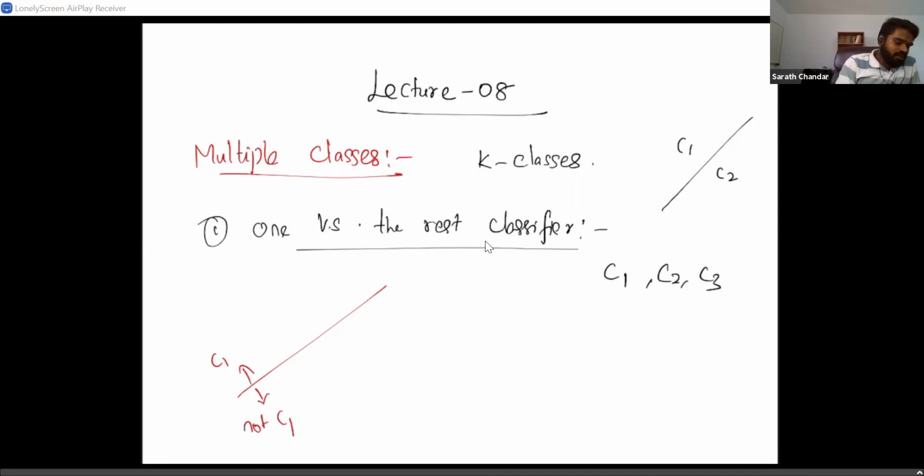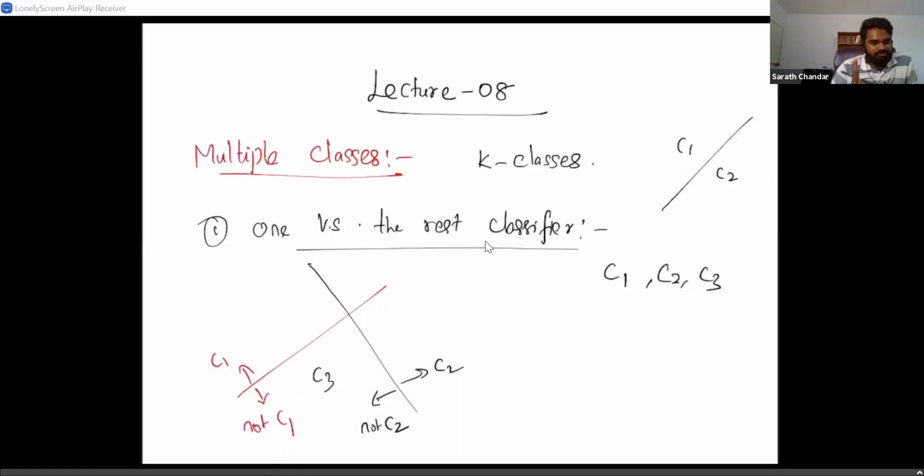Similarly, you could have another classifier which says this is class C2 and this is not C2. Since we have only 3 classes, if something is not C1 and not C2, that is going to be C3, so this region is basically C3. Is that clear?